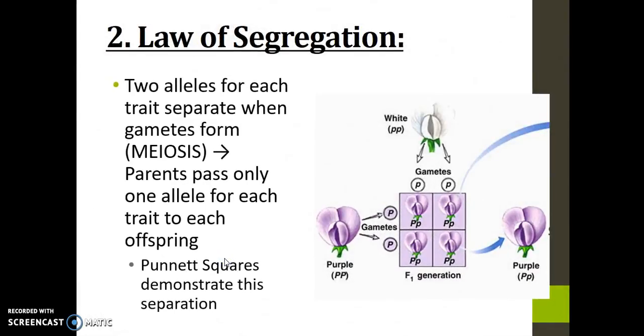The law of segregation is what I was just explaining about meiosis. So two alleles for each trait separate when gametes form, and that happens in meiosis. Okay, so that is shown right here. So parents pass only one allele for each trait to each offspring, and the Punnett squares demonstrate this.